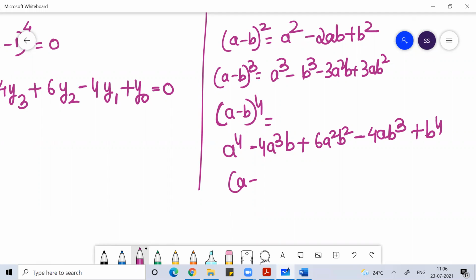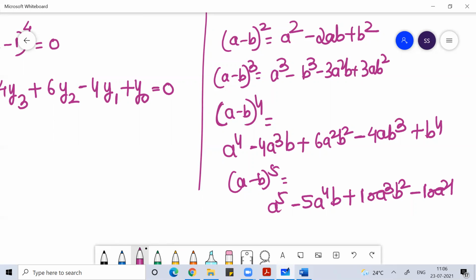Simple thing. What is (a minus b) to the power 5? A to the power 5 minus 5 a to the power 4 b plus 10 a cube b square minus 10 a square b cube plus 5ab to the power 4 plus b to the power 5.